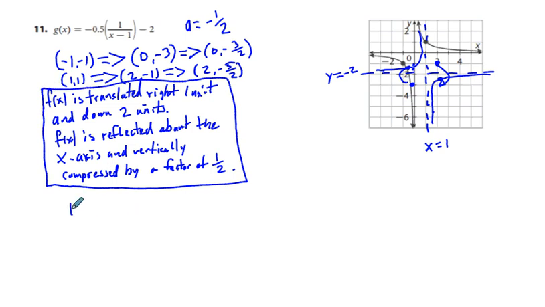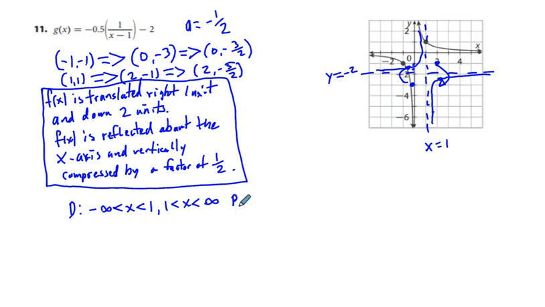Now, as far as domain, first of all, in inequality notation, we have negative infinity is less than x. We have vertical asymptote at x equals 1. Okay, and then x is greater than 1, but less than infinity.